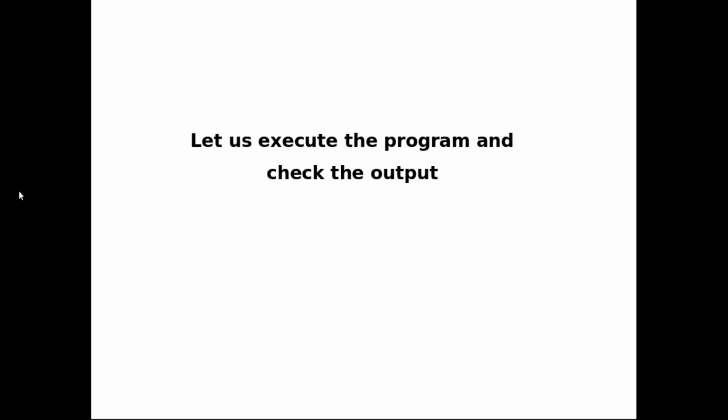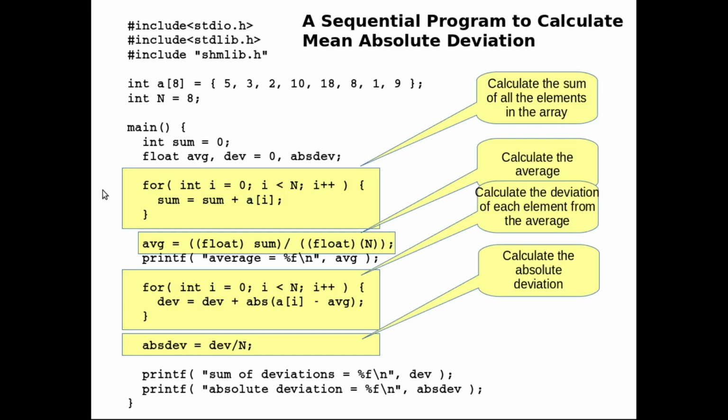to do the calculation. So this was the program, and now in this program, instead of doing the addition sequentially, we can go for a parallel program. So there is scope for parallelization in this loop.